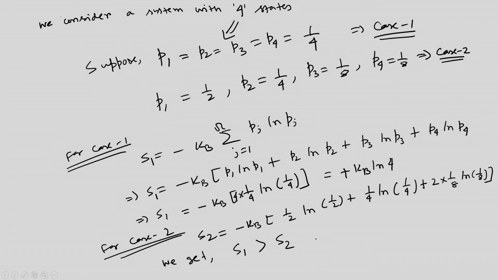So, maximum entropy we get when the probability of all states is equal. That we prove now. Now, we can calculate different thermodynamical quantities like S. So, S is minus kB sum over j Pj ln Pj.